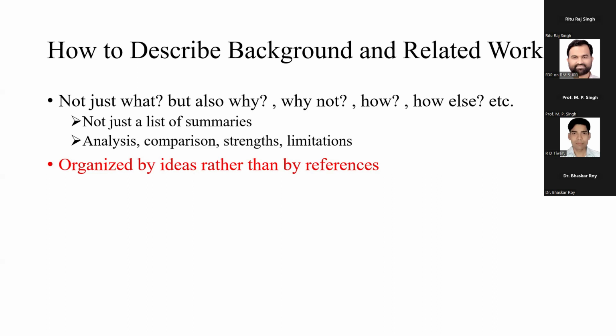Tabular format, you can think of in different ways. One way that I can discuss with you: the very first column you can think of as the reference, maybe the author name or the reference number, along with the year of publication. It is very much important.